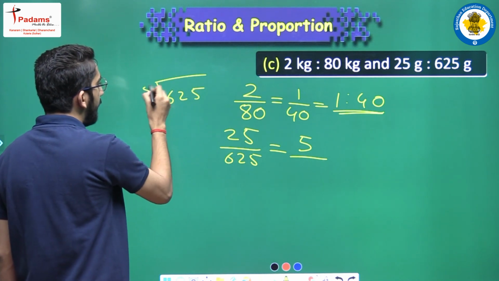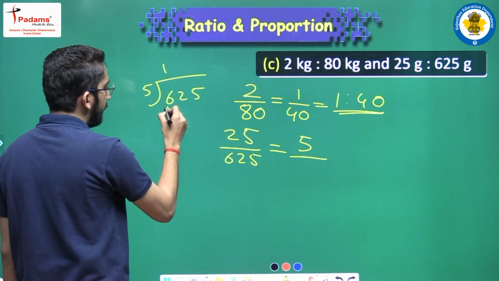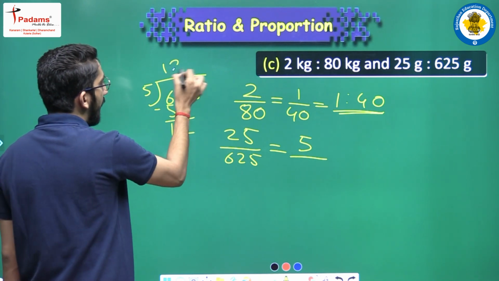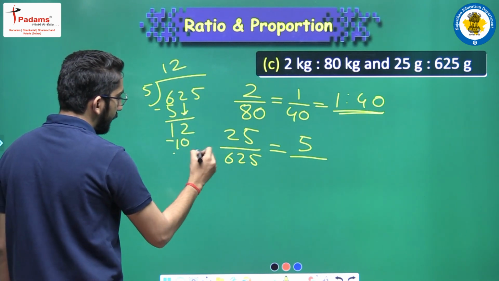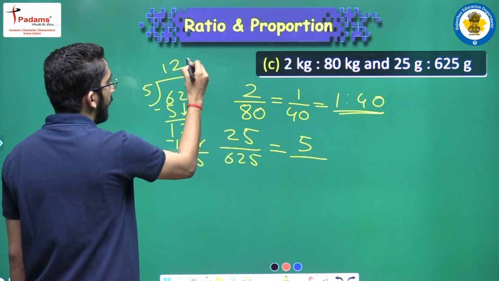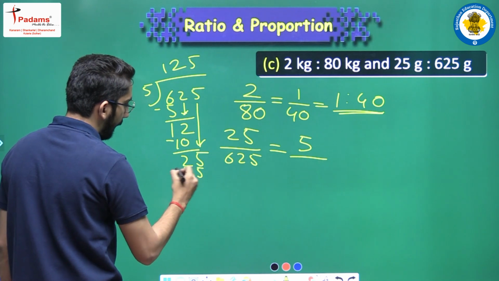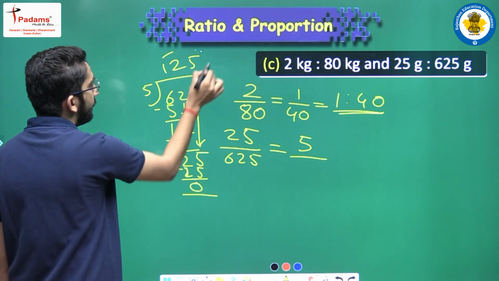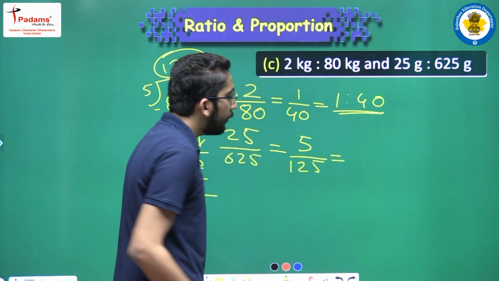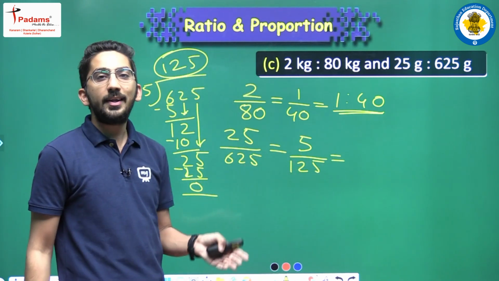625 divided by 5. So 5 ones are 5, remainder 1, this 2 downwards, then 5 into 2 is 10, remainder 2, this 5 will be downwards, and 5 into 5 will be 25. So the answer is 125. And you can further divide both of them with 5 only.